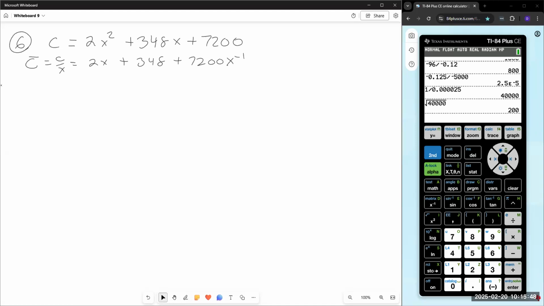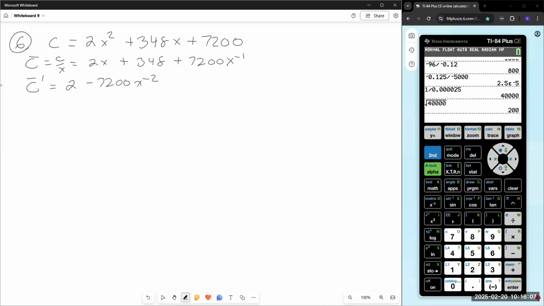So C bar prime is equal to 2 minus 7200x to the negative second.